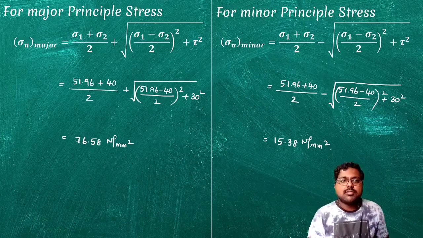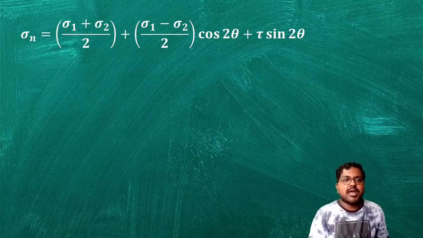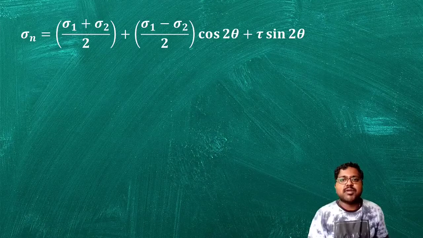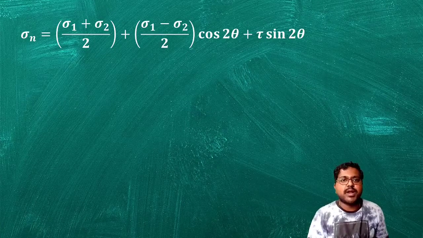We can also identify sigma n major and sigma n minor by substituting the values of theta in another formula, which is sigma n, that we obtained from our case 4, equal to sigma 1 plus sigma 2 by 2 plus sigma 1 minus sigma 2 by 2 cos 2 theta plus tau sin 2 theta.